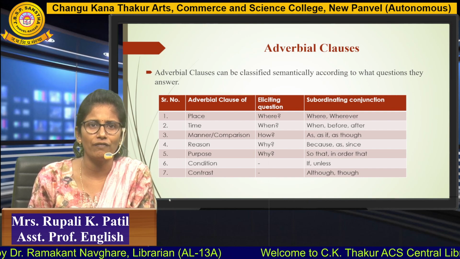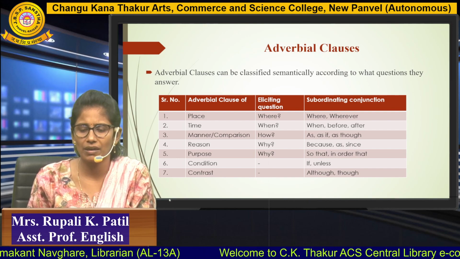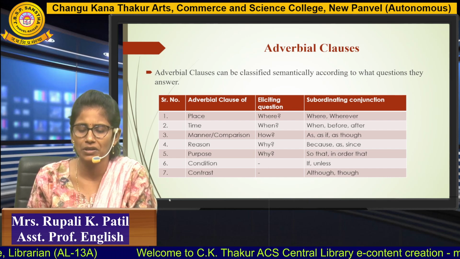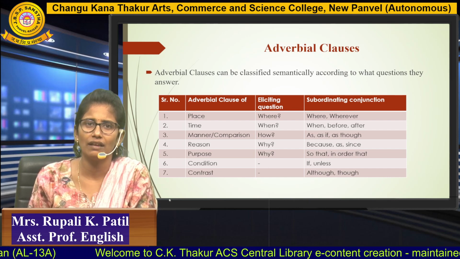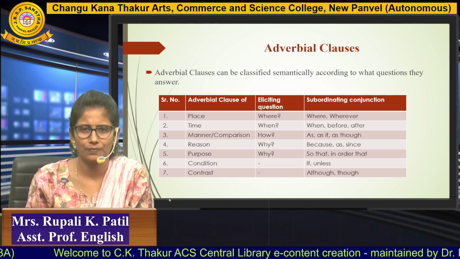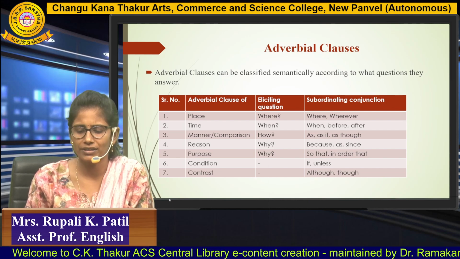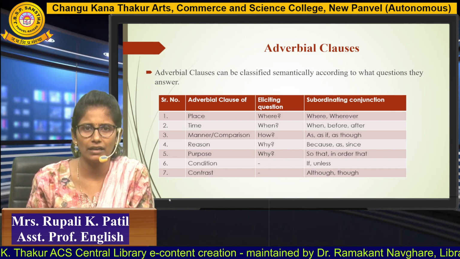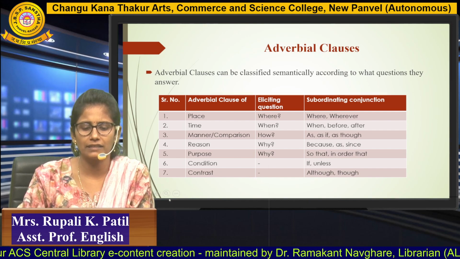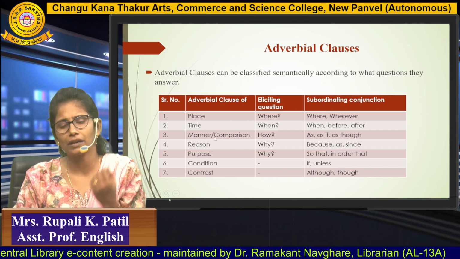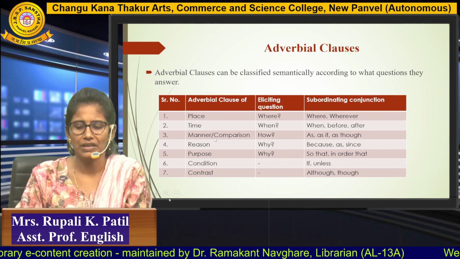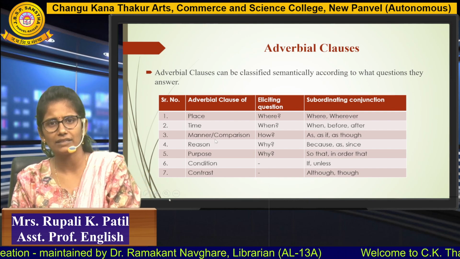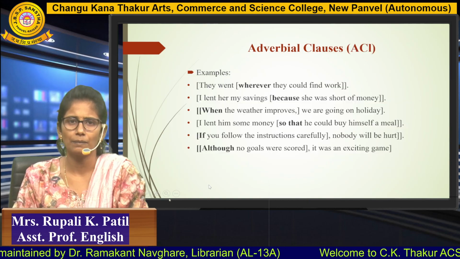According to the type of adverbial clause, we can identify it by the subordinating conjunction used at the initial level of that subordinate clause. If there is an adverbial clause of place, it may start with where or wherever. Let's see the examples directly.